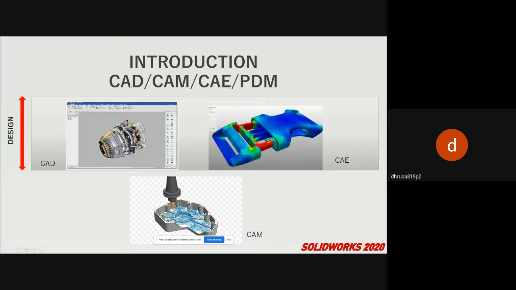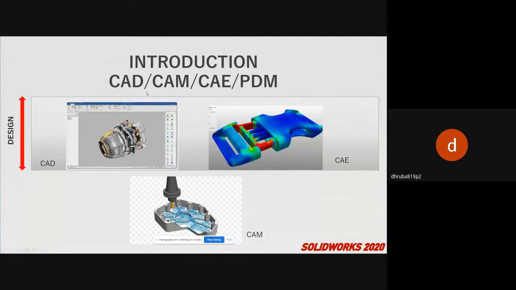Starting with CAD, which is in the field of design. They have developed some commercial tools in the field of design, which is called CAD. There are many commercial CAD packages. SolidWorks is one of the famous ones. Then comes CATIA, then Unigraphics, then Autodesk Inventor. These are some famous CAD packages.